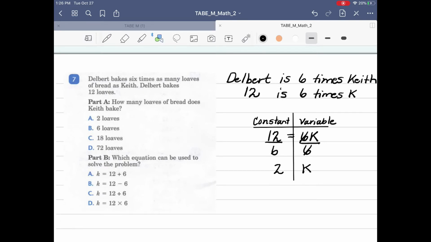And that is answer A. Then in part B, they want me to pick the equation that fits. And what did we do to get the answer? Right there, we divided by 6. So I would go with C on this one. Keith is 12 divided by 6, which is 2.